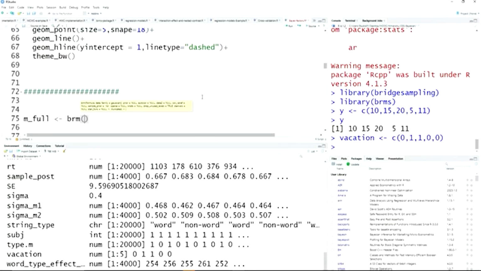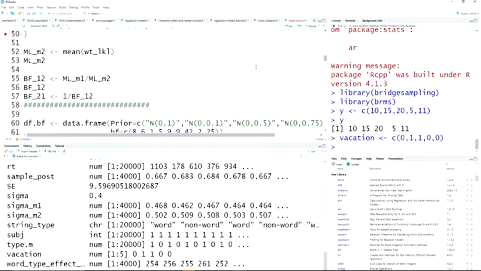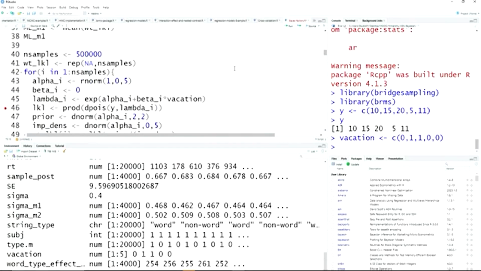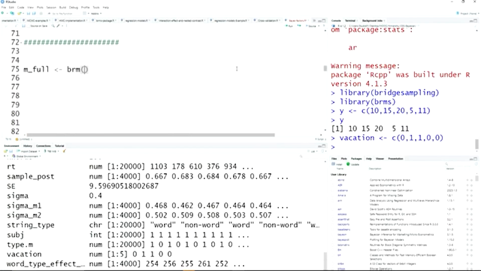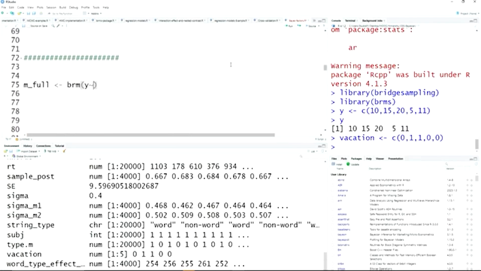What is your dependent variable? Let's say the dependent variable is y, and y comes from vacation, such that data is a data frame with y equals y and vacation equals vacation.